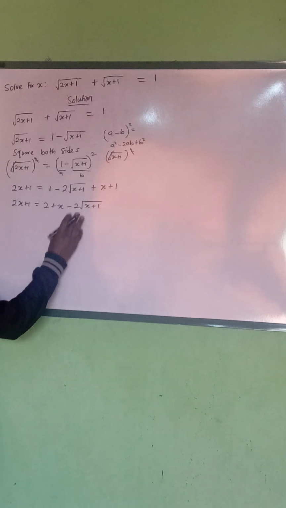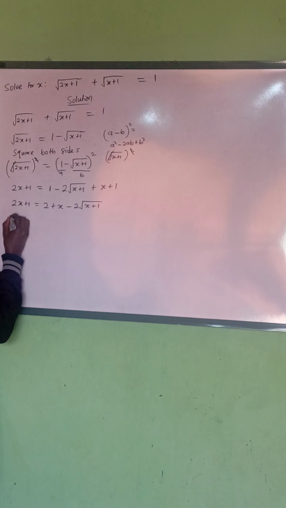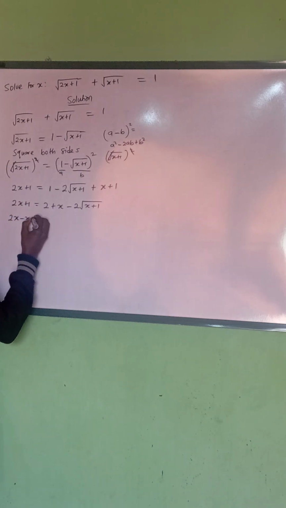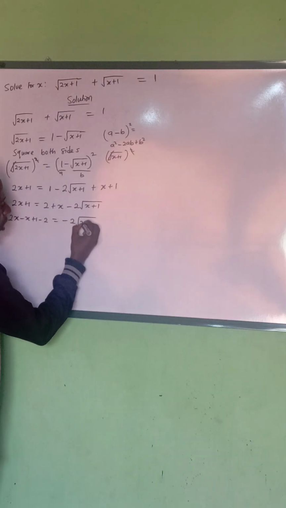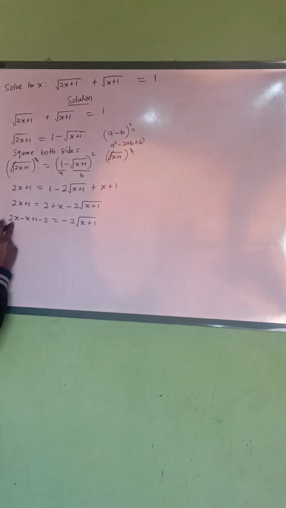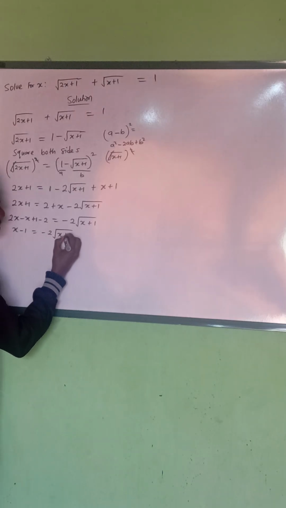Now, we have square root also. We can still square both sides, but let's collect the like terms so that we have this one as 2x. If this x comes there, that will be minus x plus 1. If this 2 comes here, that's minus 2 equal to minus 2 root x plus 1. Now, 2x minus x, that's x, plus 1 minus 2, that's minus 1, equal to minus 2 times root x plus 1.